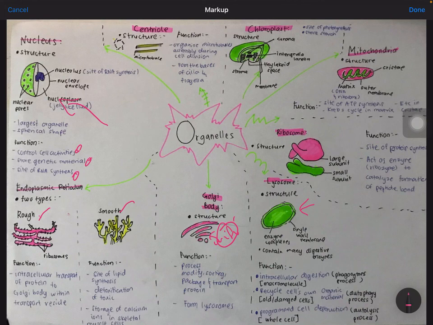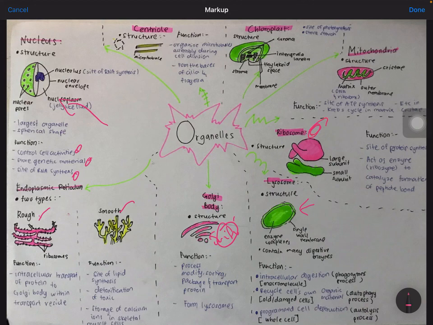There are three functions of lysosome in the cell: intracellular digestion, which undergoes the phagocytosis process; recycling the cell's own organic material, which undergoes the autophagy process; and lastly programmed cell destruction, the autolysis process.